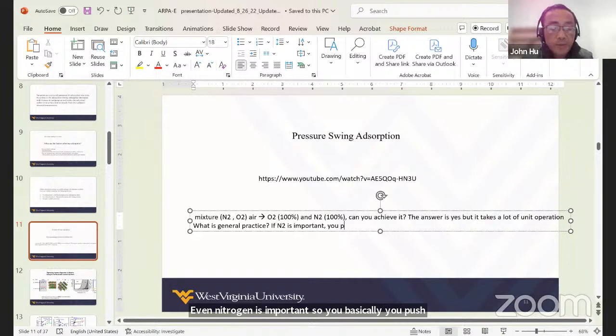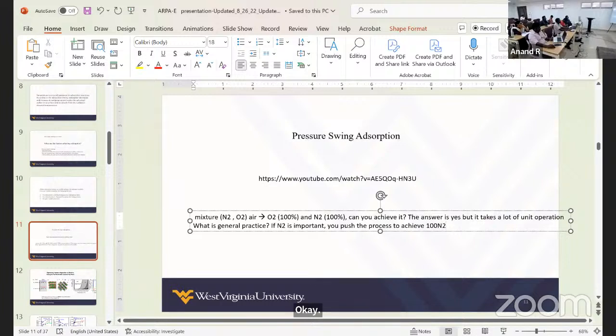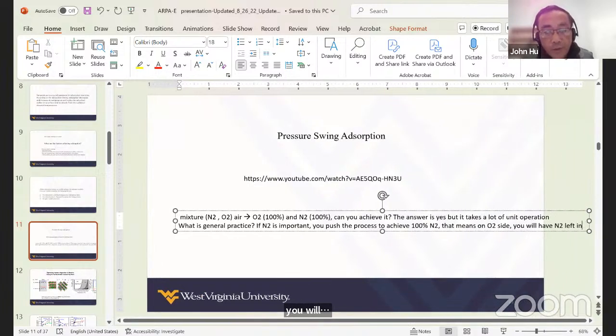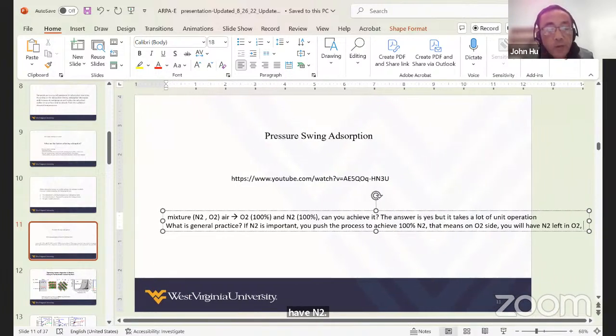100% N2. That means on the O2 side, you will have N2 left in O2.